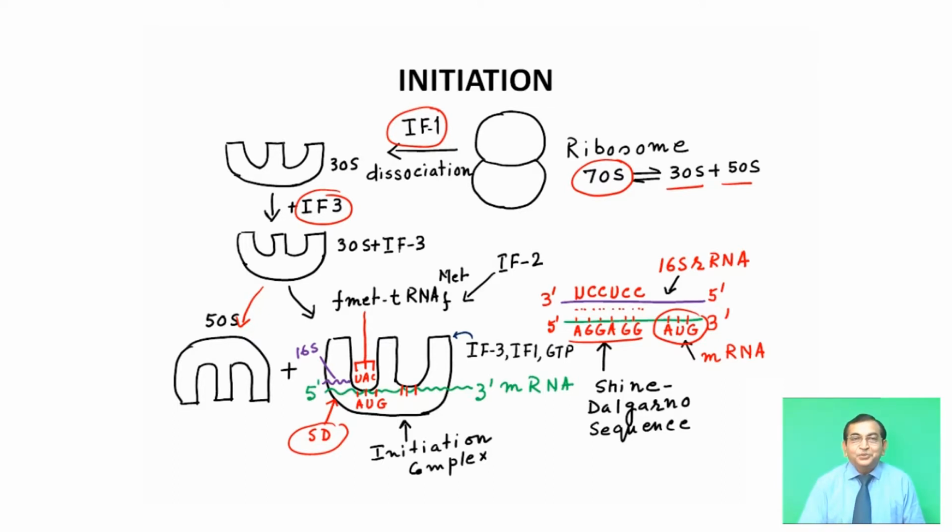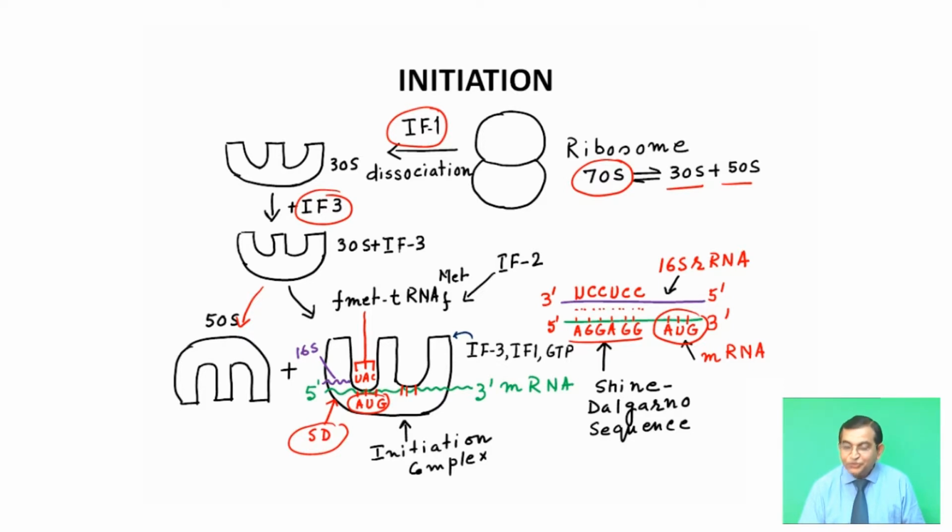Now this Shine-Dalgarno sequence pairs with the complementary sequence of 16S rRNA, as a result of which the initiation codon AUG is properly placed. When the AUG initiation codon has been placed properly, the first tRNA, called fMet-tRNA fMet, comes in. The initiation codon AUG codes for the amino acid methionine.